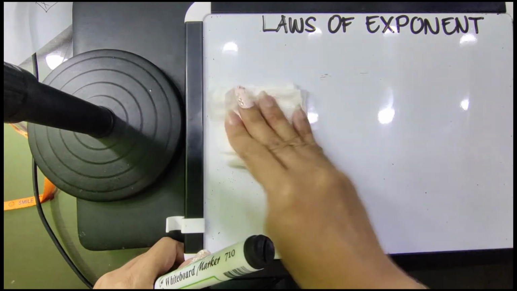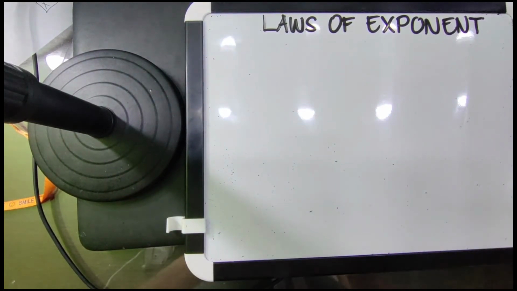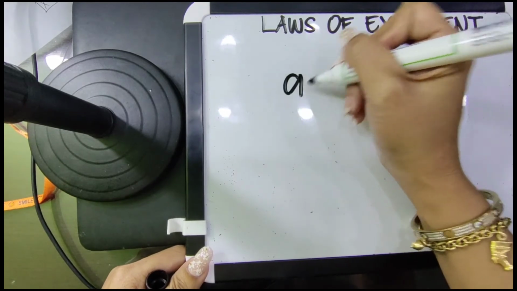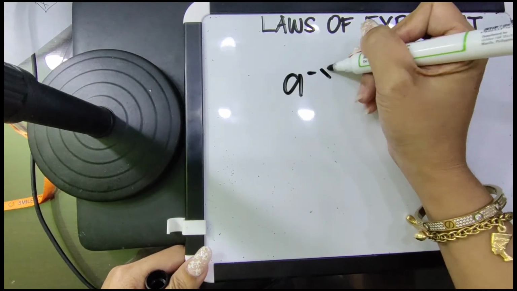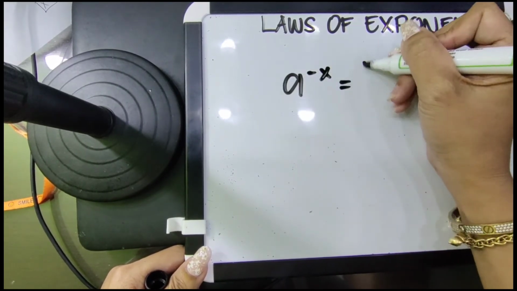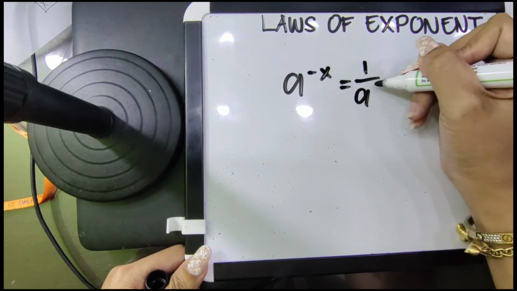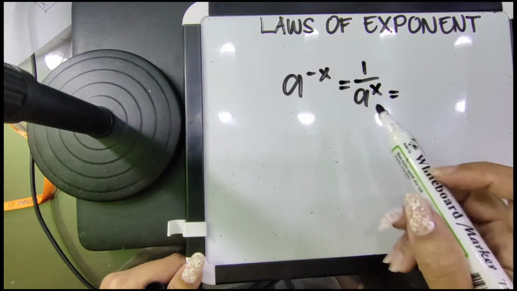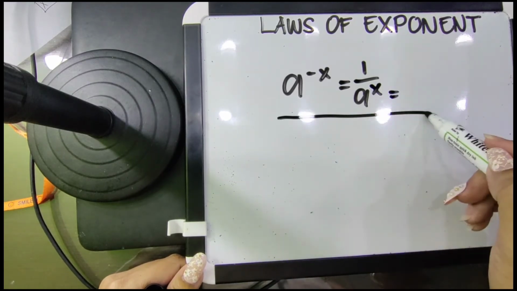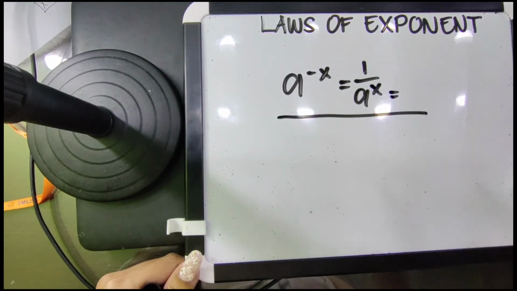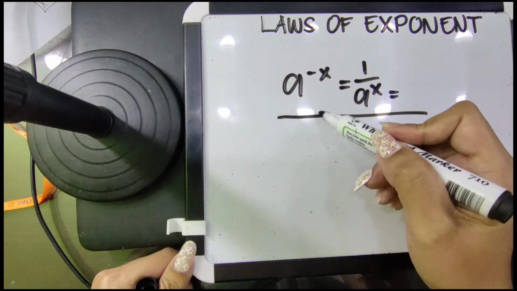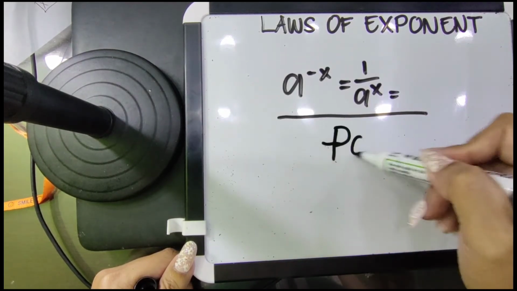Next, and the last, we have the negative exponent. The negative exponent is a raised to negative x is equal to 1 over a raised to x. In this equation, we get the reciprocal so that the exponent will become positive.